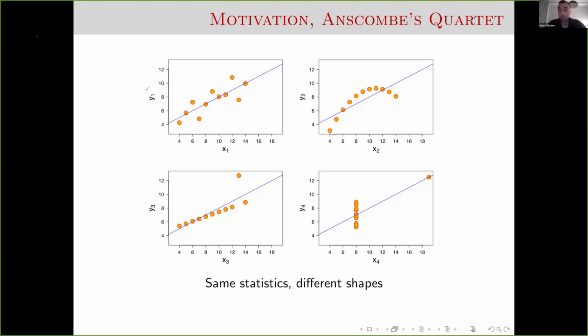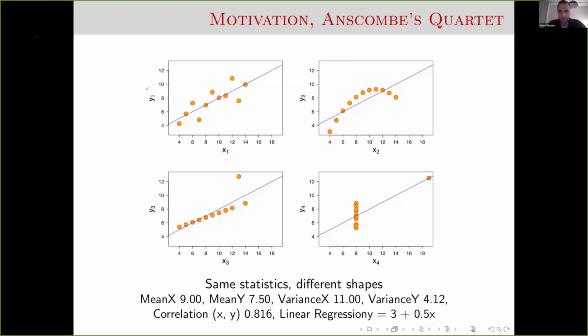However, if you compute so-called summary statistics, for instance, the mean value of the x-coordinate, the mean value of the y-coordinate, the standard deviation on x or y coordinates, the correlation between x and y coordinates, or if you try to fit a line with linear regression, you will essentially get the same values, regardless of which sample you do it for.